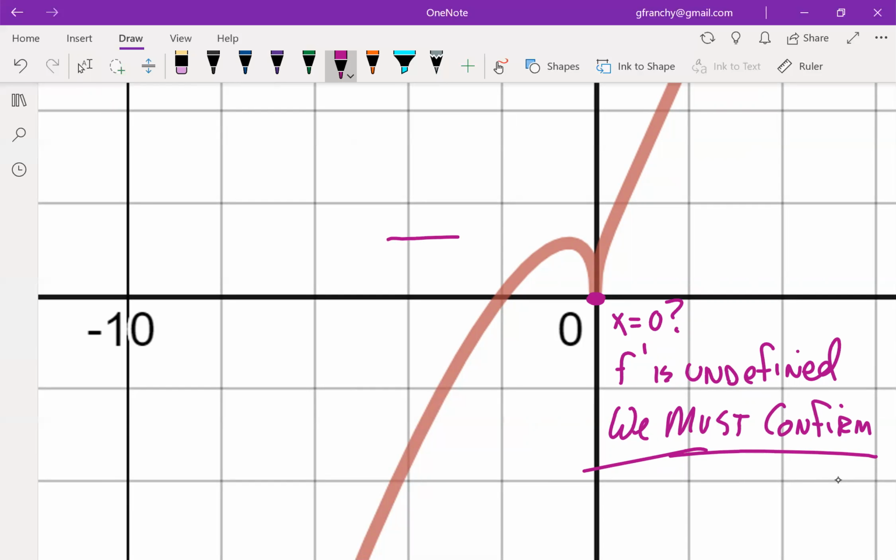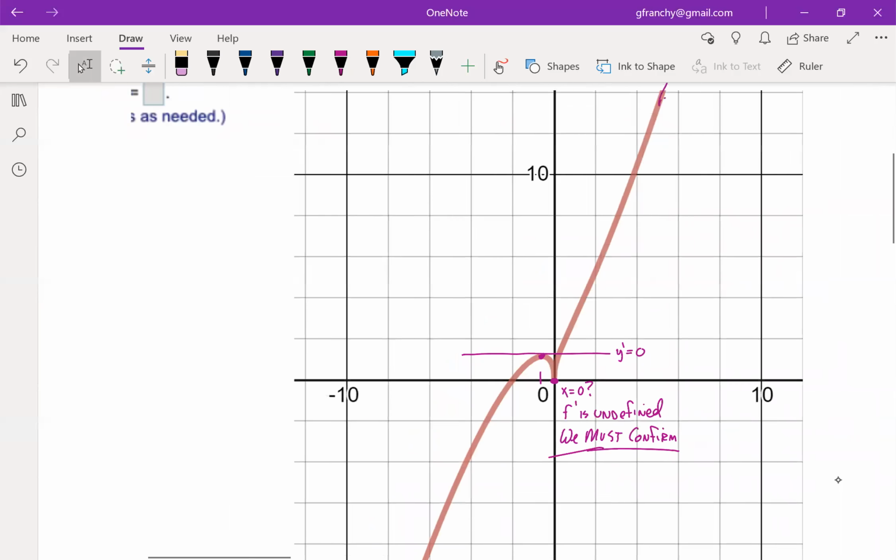And there also does appear to be a horizontal tangent line at a point that's a little bit less than 0. So there's two critical points here. One of them is where the derivative is undefined. The other one looks like it's where the derivative is equal to 0.